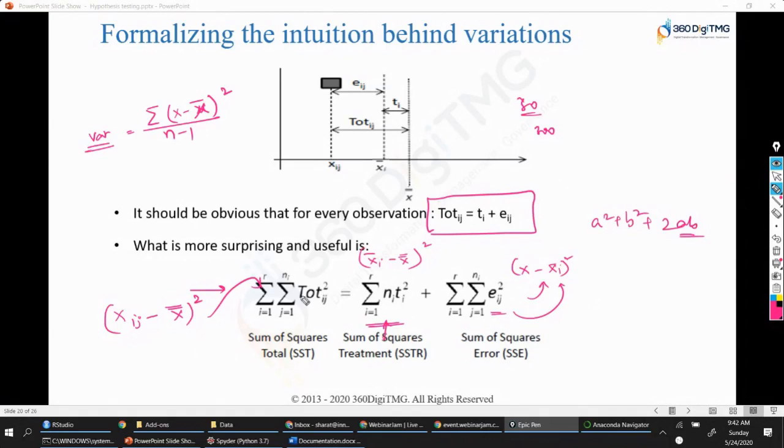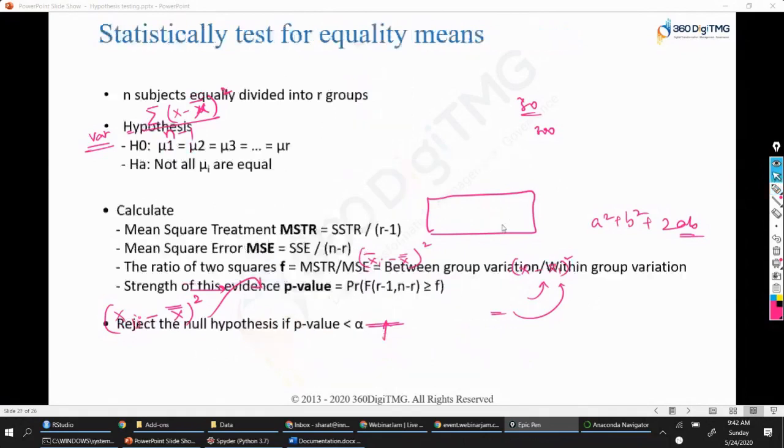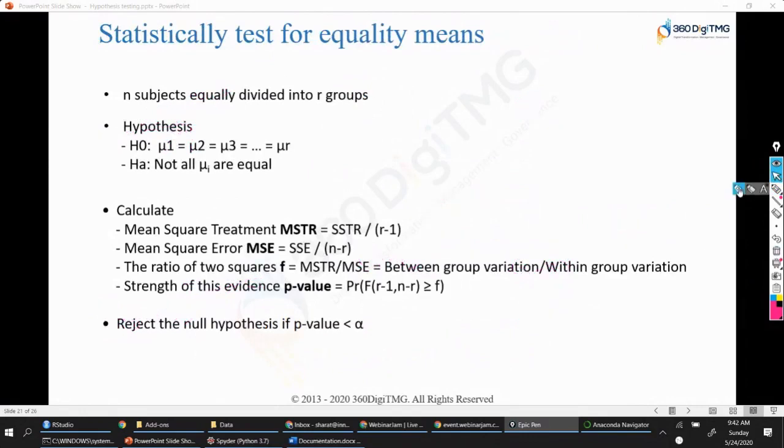So these calculations that you are seeing will get normalized by applying the degrees of freedom here. Mean square treatment. The sum of square treatments was the summation of xi bar minus grand average. This was the sum of square treatments.